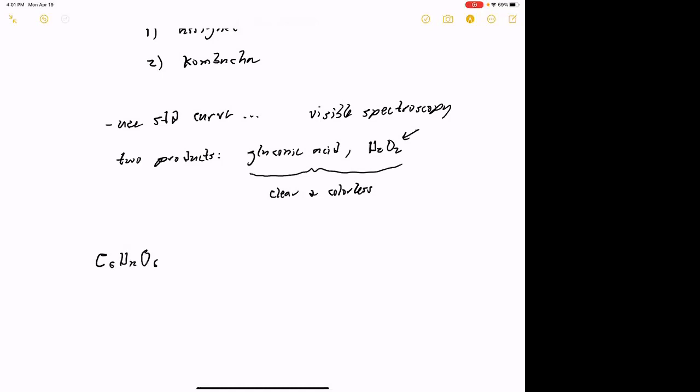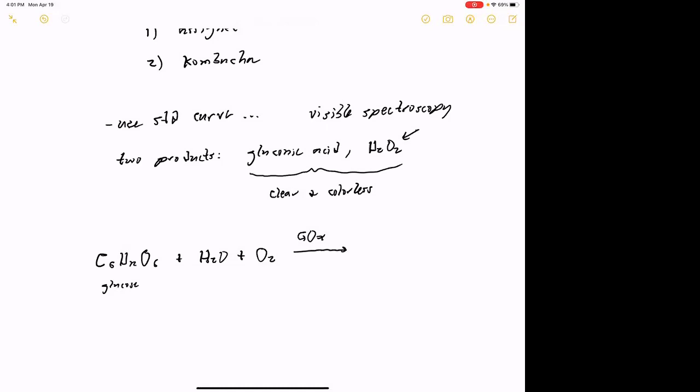C6H12O6, that's your glucose. Okay, so it reacts with some byproduct things. You got to have some water in there, which obviously you do. You also have to have oxygen, which we do because that's typically going to be dissolved in there. And then we also have to have our enzyme, which I'm going to call GOX, which is shorthand for glucose oxidase.